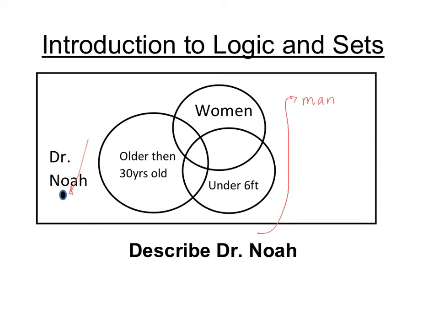He is not under 6 feet tall, so that would mean that he is tall, more than 6 feet, because if he was under 6 feet, then he would live inside this circle. Now, it shows that he does not live inside this circle, which says older than 30. So that means that he must be under 30.